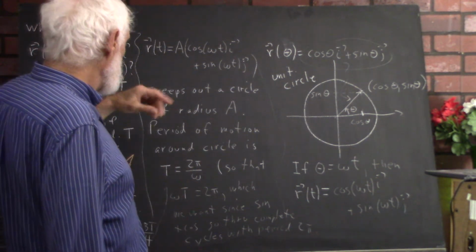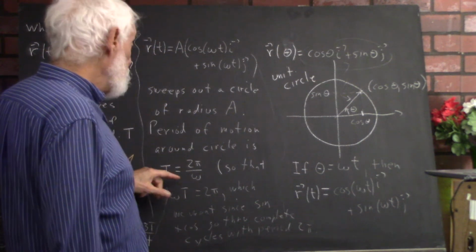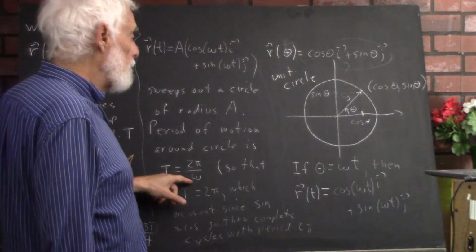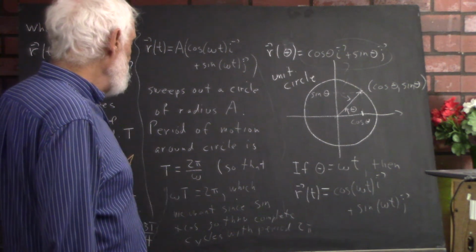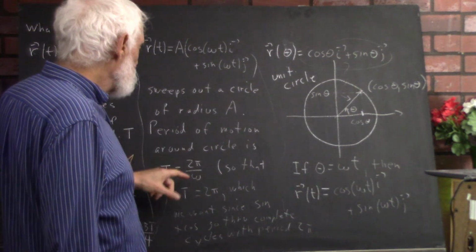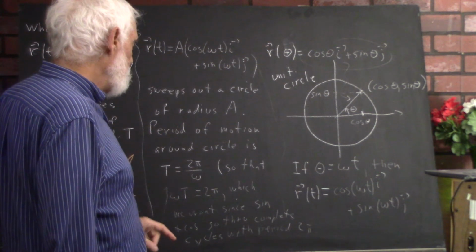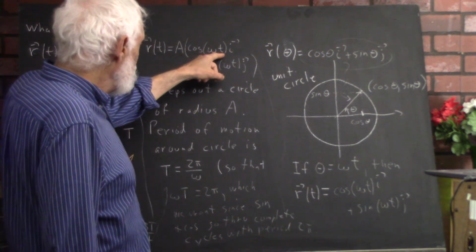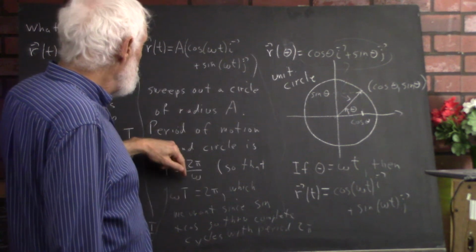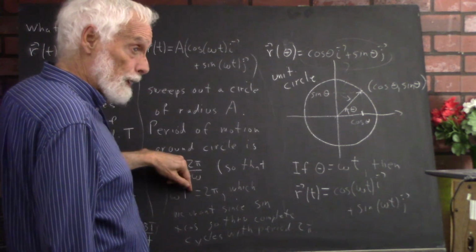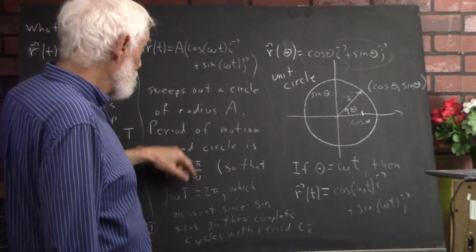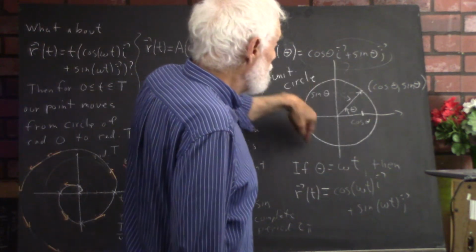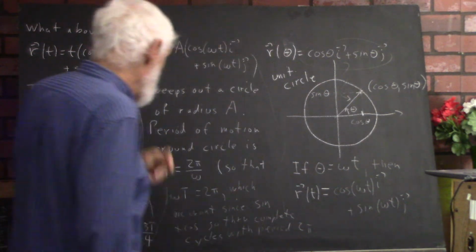Okay, well, I'll get off my soapbox, but the period of motion around the circle is 2 pi over omega, because if your time t changes by 2 pi over omega, then omega t changes by omega times 2 pi over omega, which is 2 pi. And 2 pi is the angle that completes a circuit around the circle.